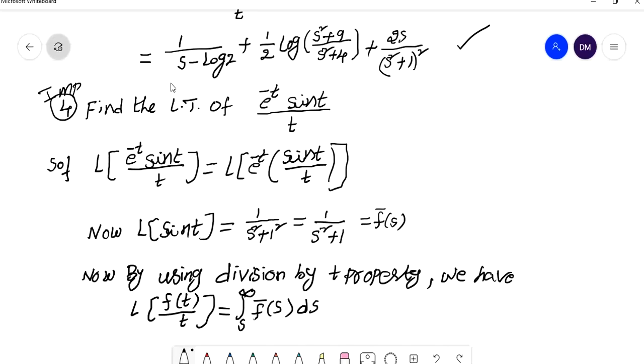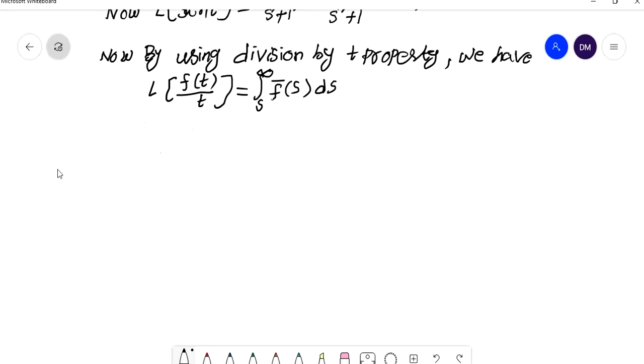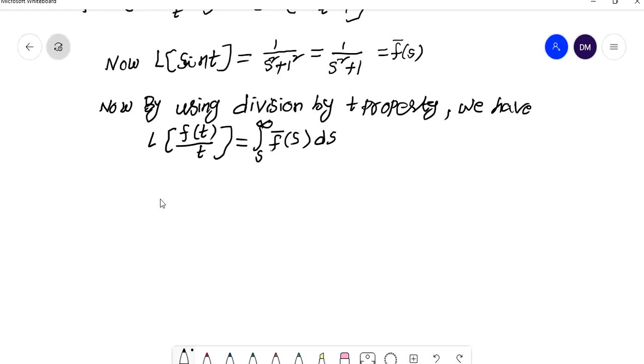Here f of t is sin t. Therefore L of sin t by t is equal to the integral from s to infinity of 1 by s square plus 1 ds.